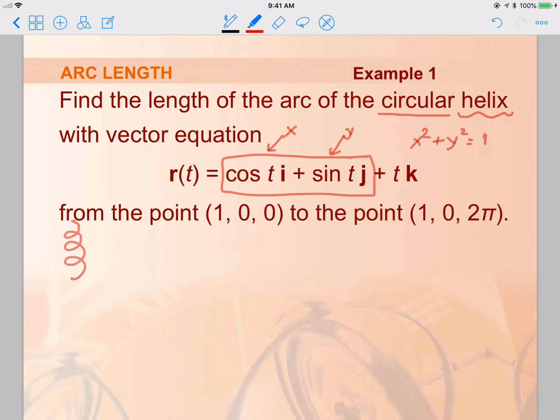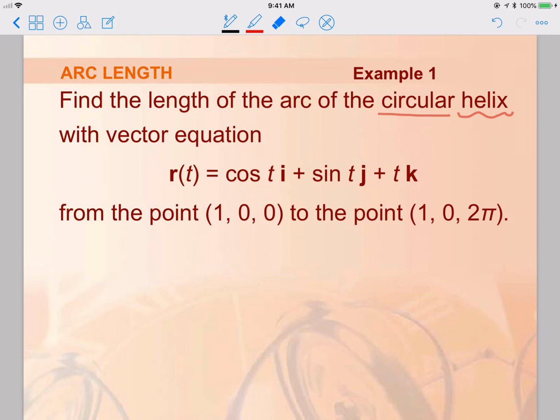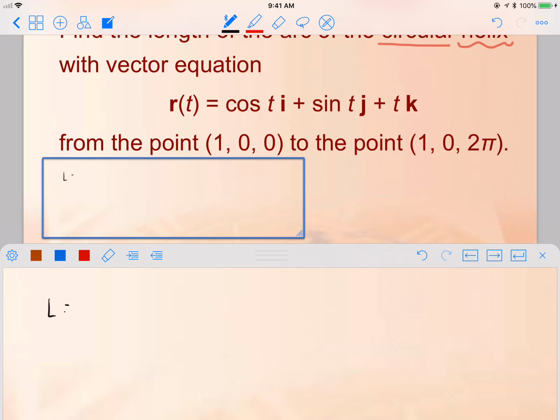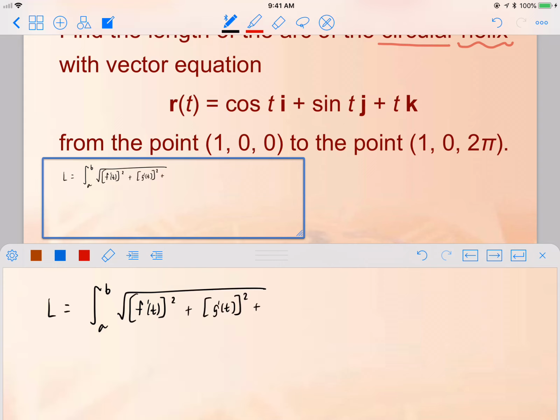Okay, so we want the length of the arc from the point (1, 0, 0) to the point (1, 0, 2π). All right, so we know the formula that we need to use. Our formula is going to be length is equal to the integral from a to b of the square root of f prime of t squared plus g prime of t squared plus h prime of t squared dt.